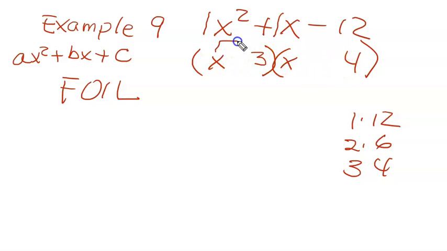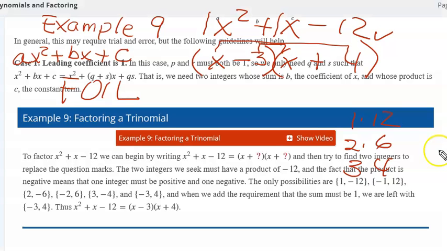Well, when we do our outers, we want to get a positive 4, so that when we do our inners, we get a negative 3 to add up to a positive 1. So this is going to be a positive, and this will be a negative. And then you check it by FOIL, and you get this. And that is the answer. So let's go back, and there it is, right there. Okay.